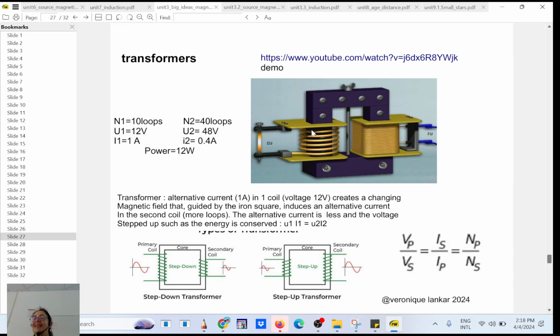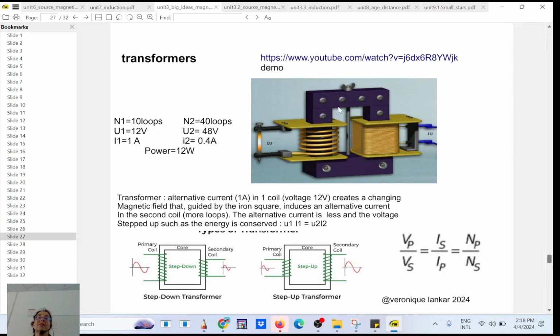So anyway, example: let's say you have 10 loops here and you have 40 loops there. That will be your input, and that's going to be your output. The output will be connected to a load. On that side, there is no power supply. You have a power supply only on this side. Again, it's going to be AC, so the magnetic field is going to flow in one direction, then the other direction.